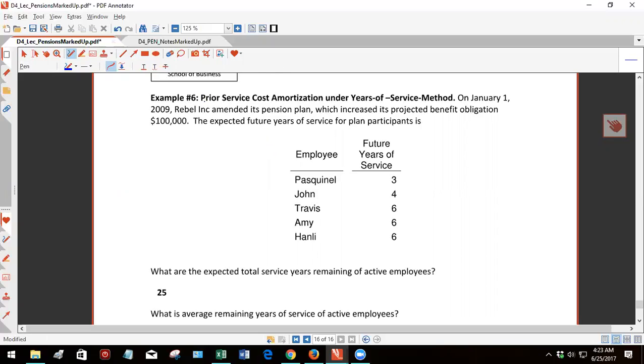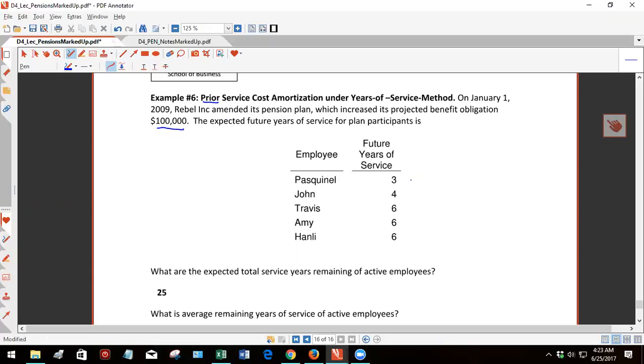So we're calculating for prior service, and in this particular case, they made an amendment to the plan that increased prior service costs by $100,000, and FASB allows that to be placed in other comprehensive income as prior service costs and amortized under the years of service method.